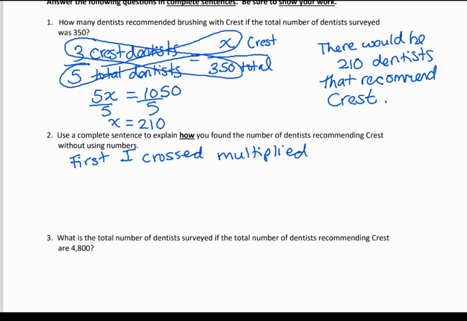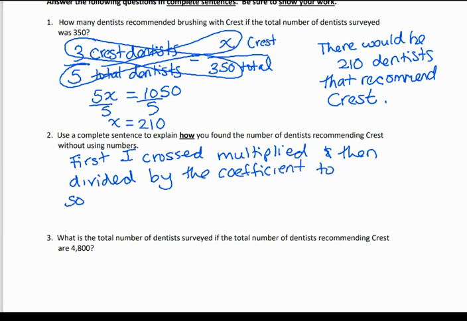And we can just say, this is a little trickier than our old one. So we can just say first I cross multiplied and then divided by the coefficient, which was 5, to solve for my variable.